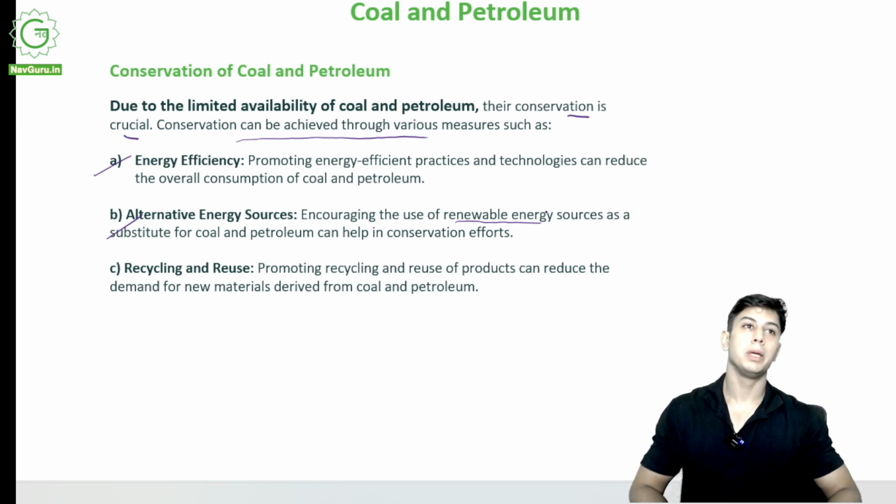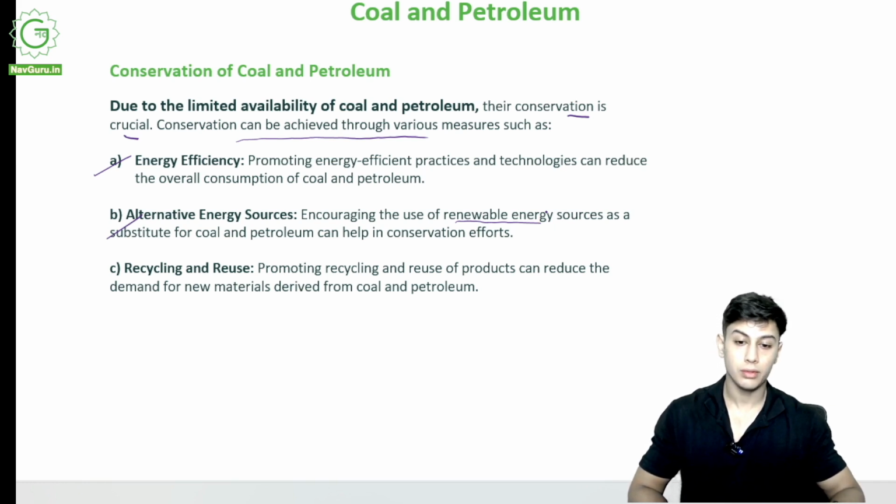Nowadays you see people have solar panels put up over their houses, on their roofs. Why? Because the sunlight that was falling on their houses was going to waste. They can convert it into electricity to be utilized at night, to run their homes, to cook their food. This is a renewable form. And CNG is an alternative energy source for vehicles rather than coal and petroleum.